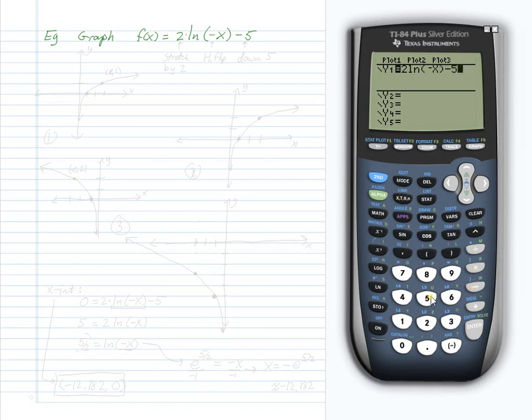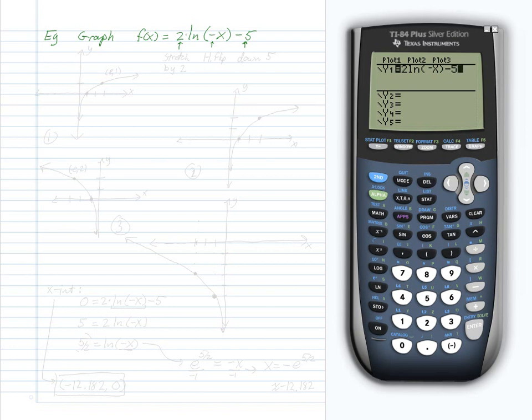Reading from left to right, I notice a 2 that I would not normally have, a negative factor multiplying x, the inputs, and a minus 5 tacked onto the end of the function.